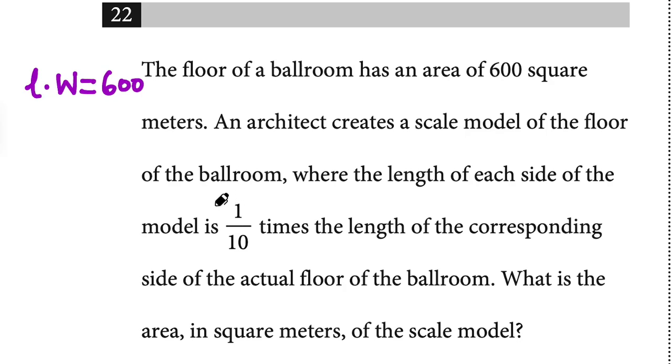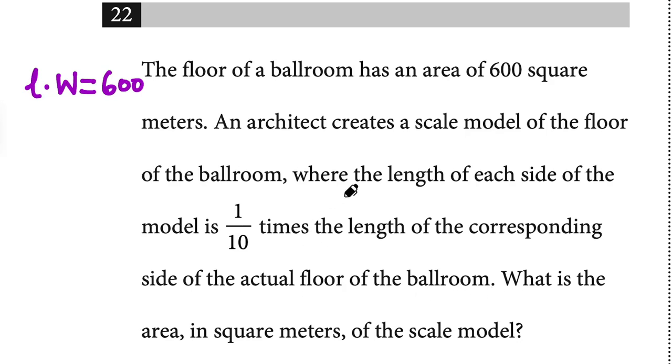So if the architect is scaling or modeling it, that ratio will be equal to the actual ratio of the building. What scale has he taken? The length of each side of the model is 1/10 times the length of the corresponding side of the actual floor of the ballroom, right?